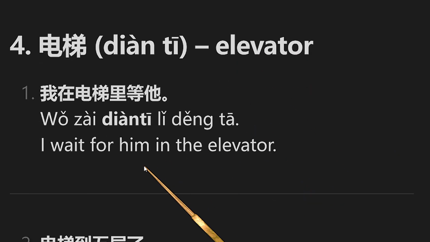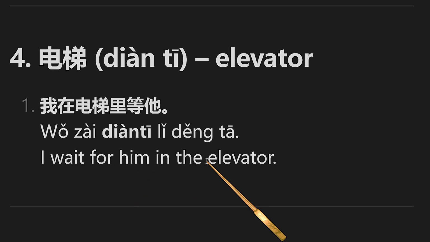Let's see. I wait for him in the elevator. 我在电梯里等他。在电梯里 means inside of something, in the elevator.